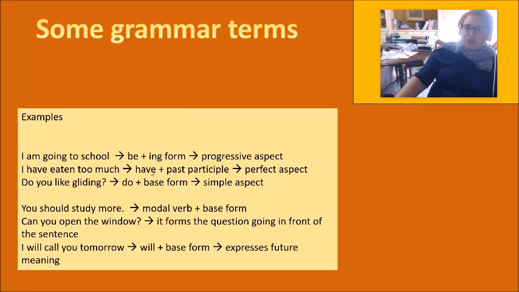The ing form is obtained by adding ing to the base form. So we have to go, which is the infinitive. We take out the to and we are left with the base form go. We add ing and we obtain going. This form is called the gerund.